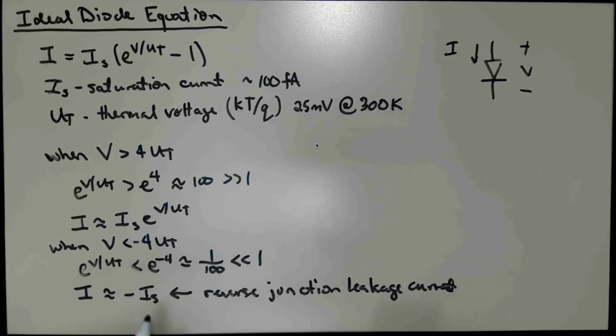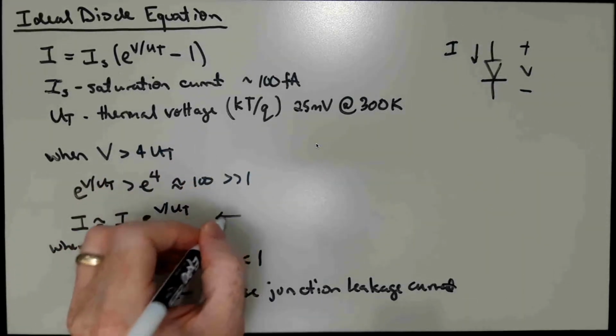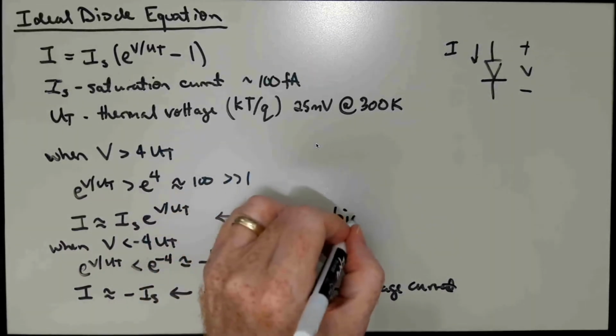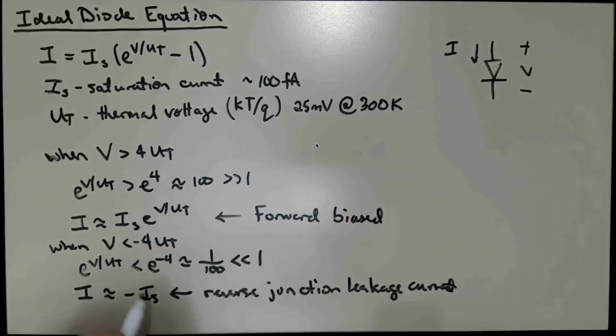And so these are approximate limiting cases of this ideal diode equation. This is forward biased, and this is the limiting condition under reverse bias.